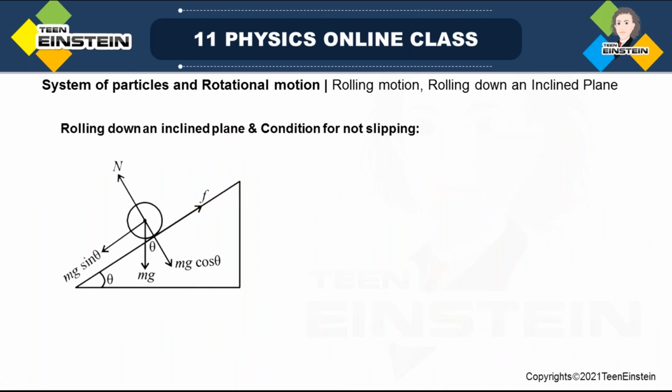Now I'll just take up one more thing here. So suppose an object, I'm taking the same figure, I'm just trying to find out the total kinetic energy of the rolling motion.